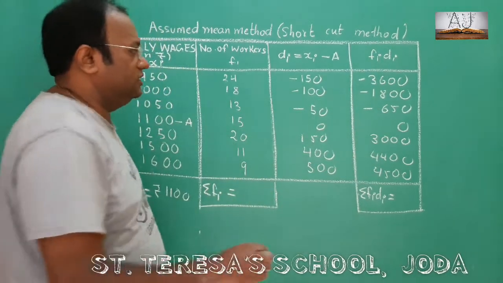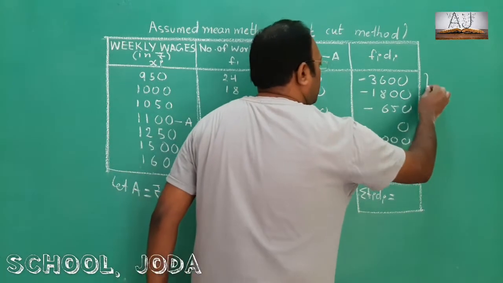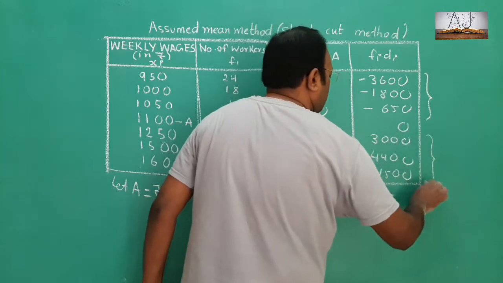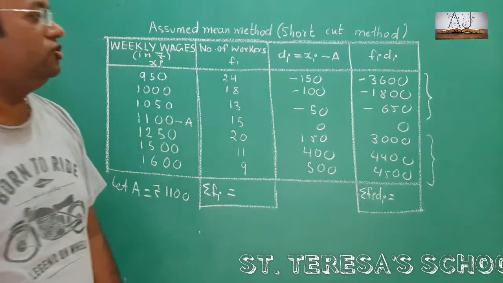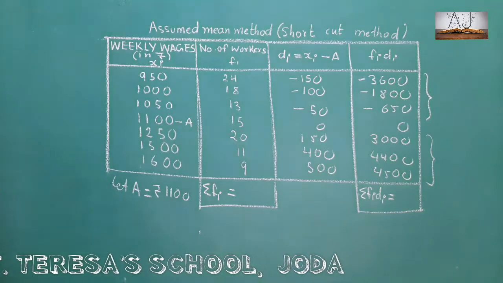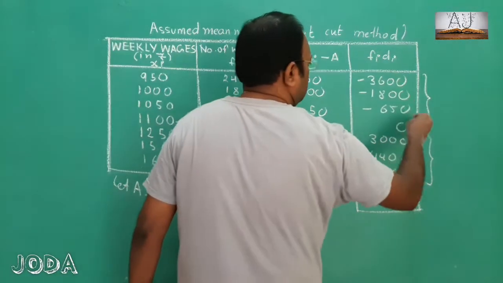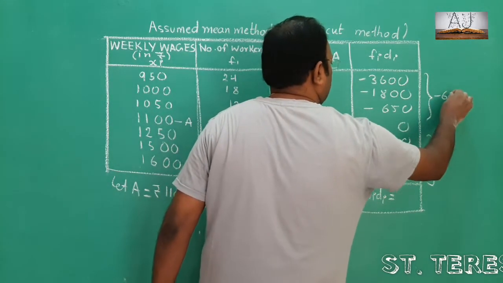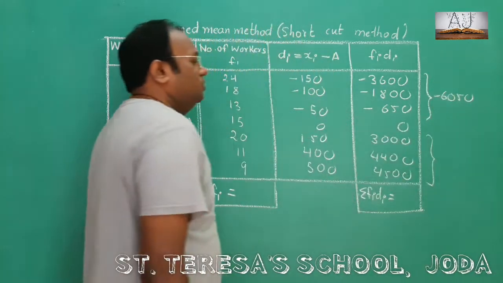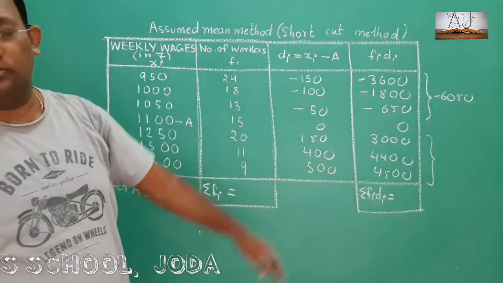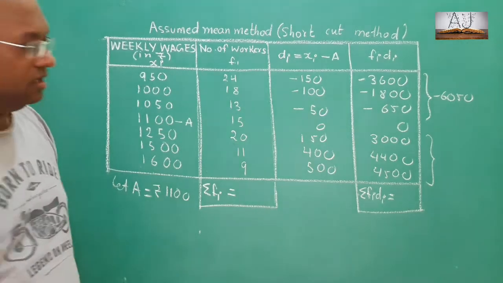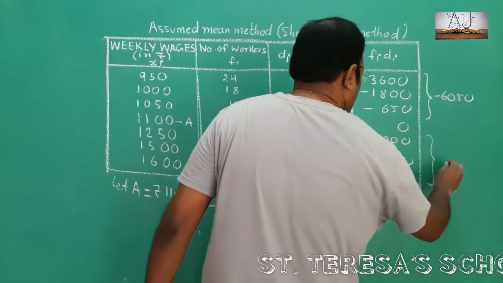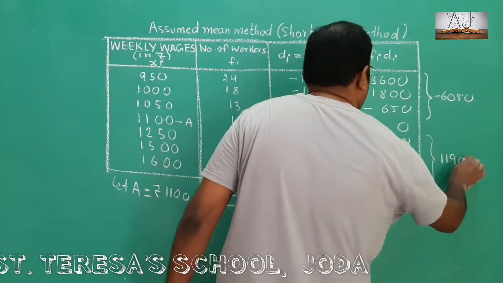So how to find it out? This is an easy way. First of all, add the negative ones, then add the positive ones. Add minus 3600, minus 1800, minus 650. After adding, it comes minus 6050. Add all the positive ones as well. It comes 11,900.